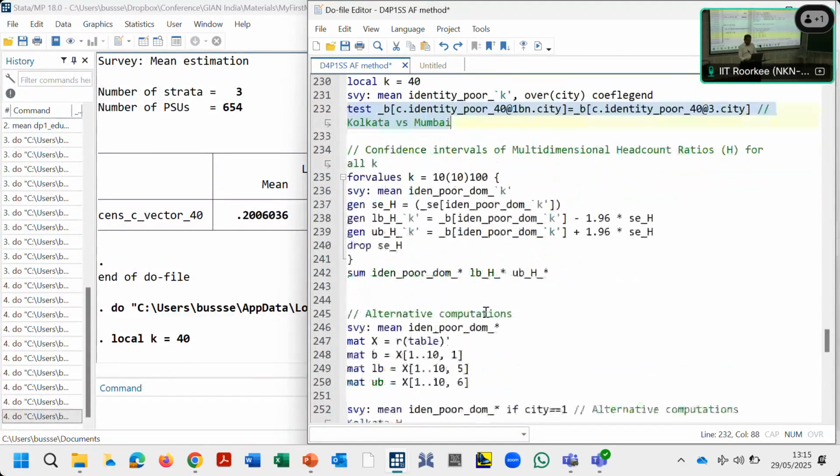Okay. So how do you do confidence intervals for all of them? Look what you can do, confidence interval for, say, the multidimensional headcount ratio for all values. So 10 values. You just select all of them. Look what I've done. I have computed the standard errors of age, they are all saved.